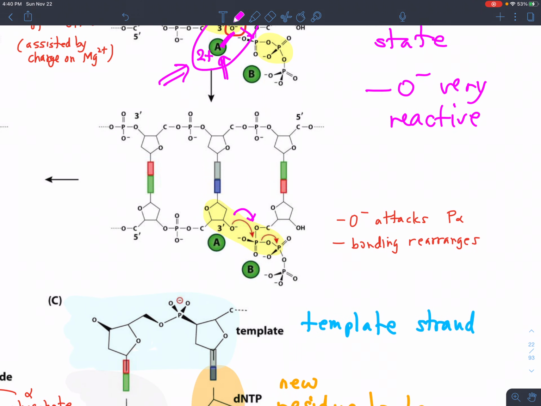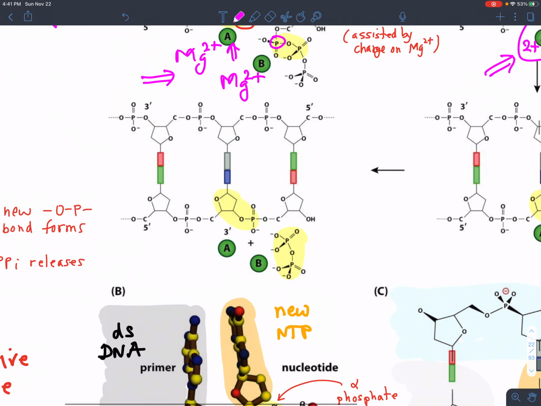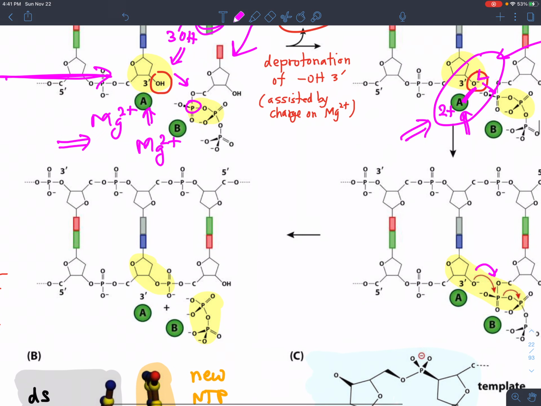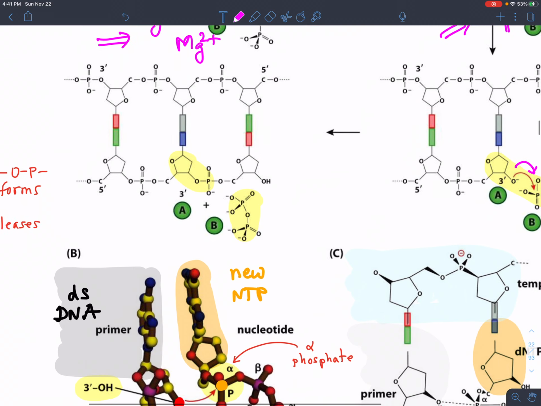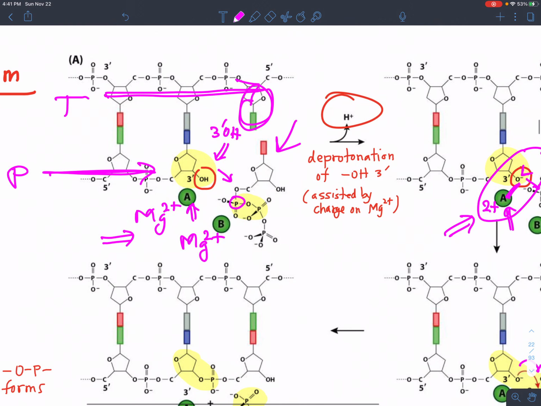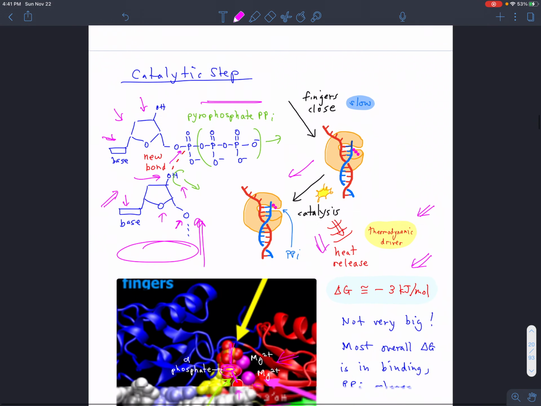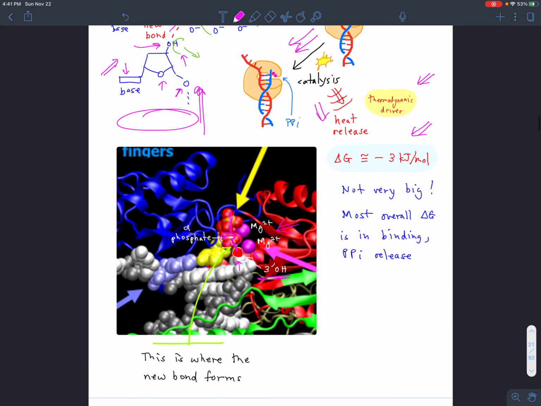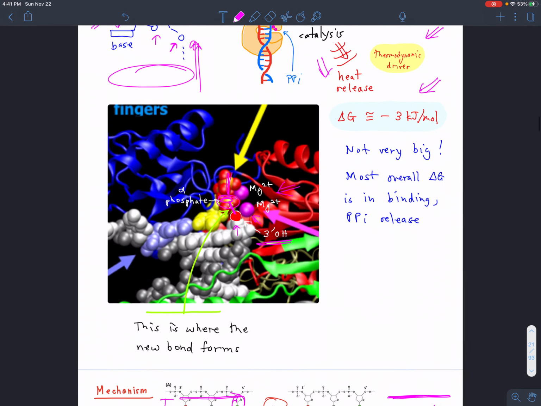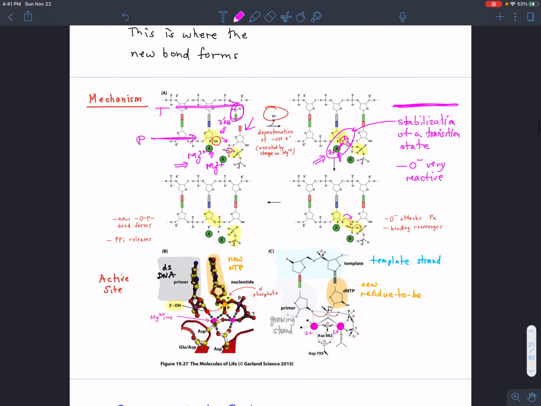Yes, now that 3'O- attacks the phosphorus, electrons move around, and obviously these are small, truly elementary steps now. But notice that all these steps are part of what I'm calling a single elementary step, namely this one. And so this is another example of what I talked about above, that in biochemistry, quote-unquote elementary is different from truly elementary.